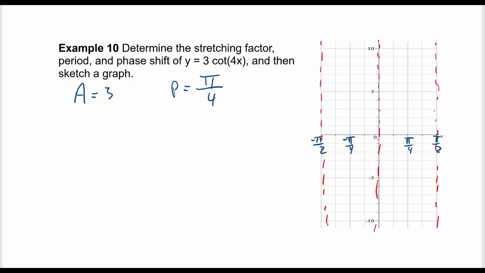Now, for the crossing point, let's put pi over 4 in here. What would y equals 3 times cotangent of 4 times pi over 4 be? That's going to be 3 cotangent of pi, and cotangent of pi is cosine over sine, and sine of pi is 0.